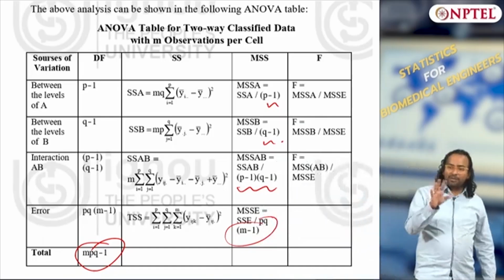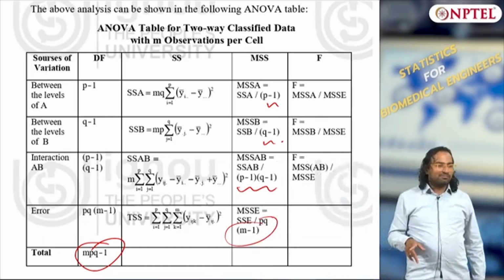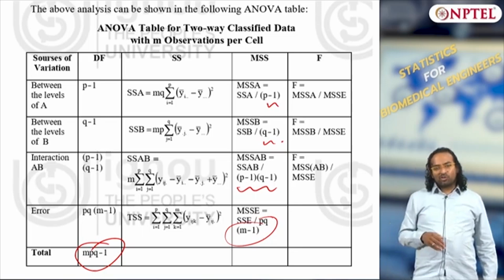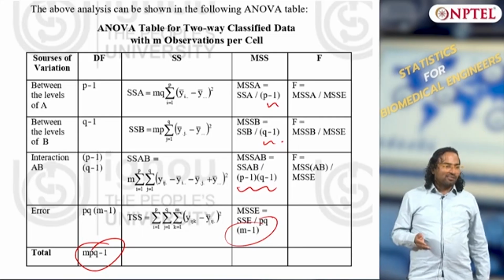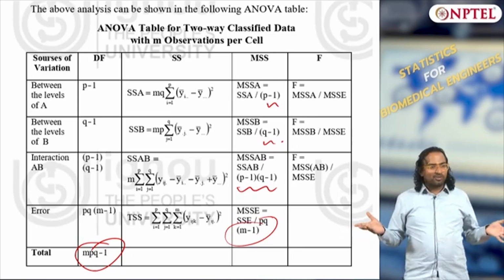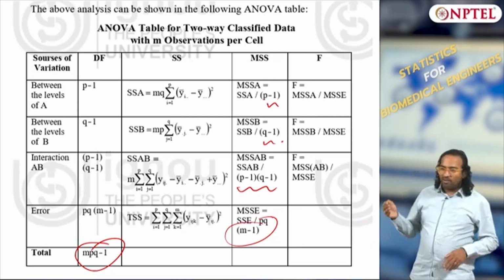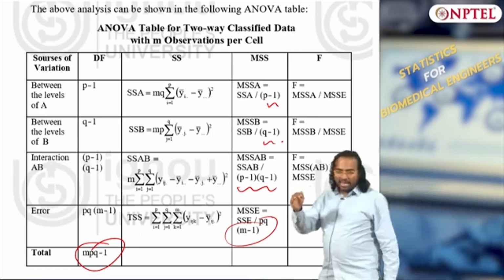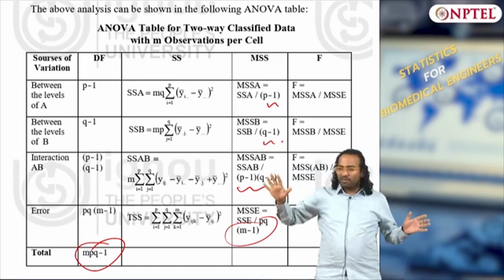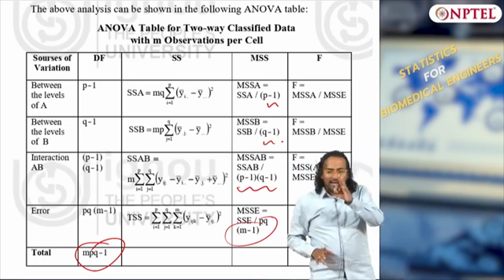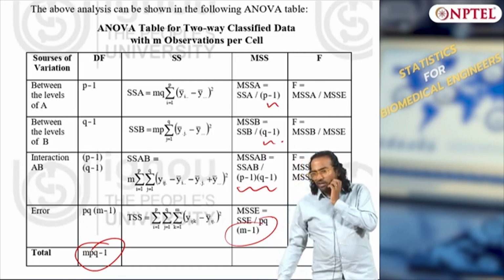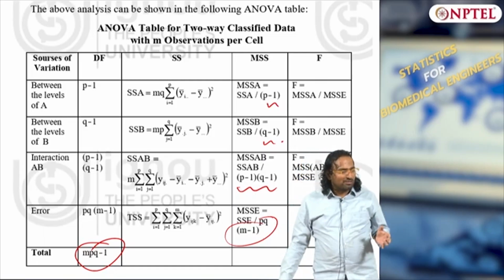And depending upon the replications you use, things will vary. Again, I said you can replicate exactly, you can only replicate the rows, you can only replicate the columns, or you cannot replicate both. You have to replicate at least A or B, or everything properly. If you do everything properly, then this is the formula. Remember we had different kinds of replications, because you cannot always maintain everything constant, some things will vary.